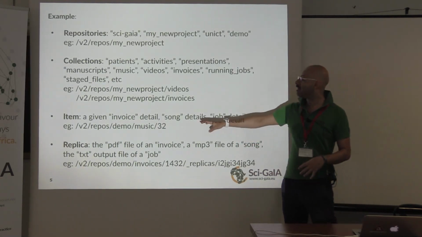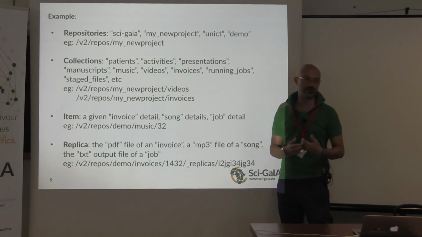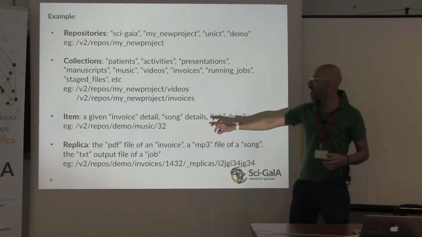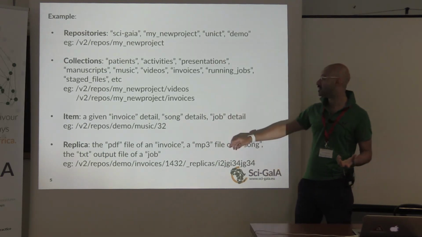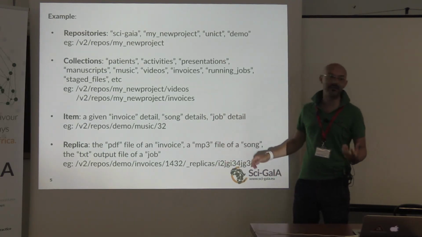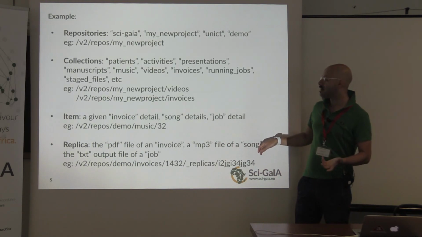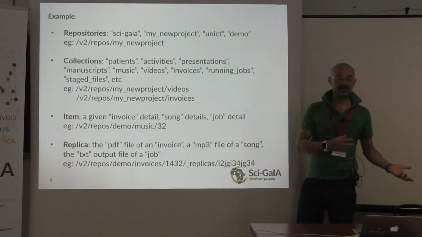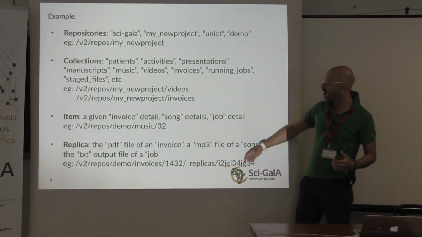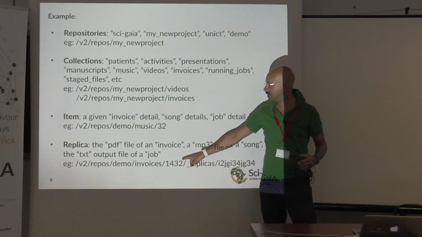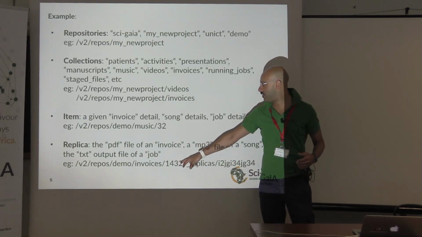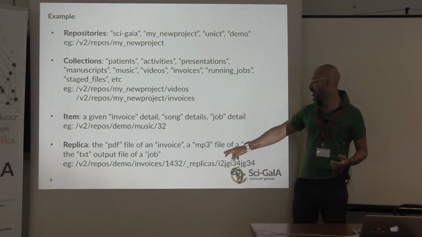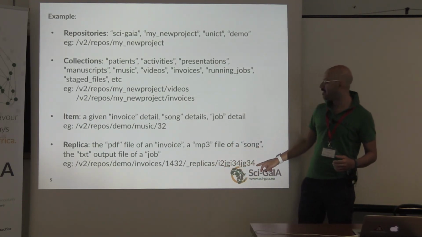Finally, some items can also have replicas or attachments. For example, you have a PDF file, digital objects of an invoice, or MP3 files of a song. These can be stored and accessed through the GLibrary REST APIs, accessing first the item 100432, using the _replicas path and the ID of the replica.